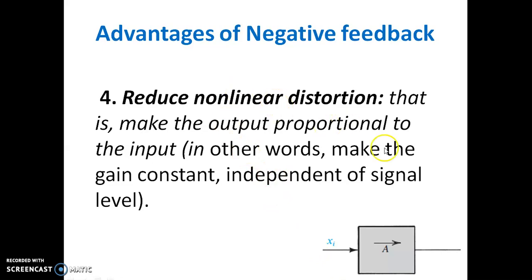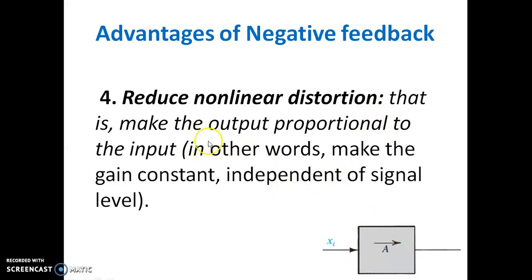What we want is for the gain of the amplifier to be almost independent of the amplitude of the input signal. Negative feedback reduces the nonlinear distortion, so over a range of input voltage, the gain is almost constant. That is the meaning of reducing the nonlinear distortion of an amplifier, and it happens because of negative feedback.